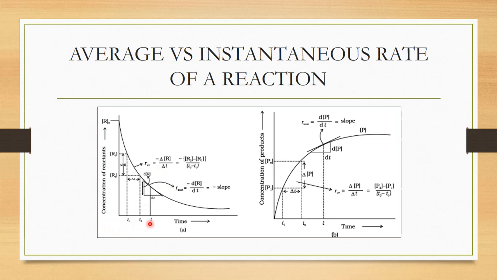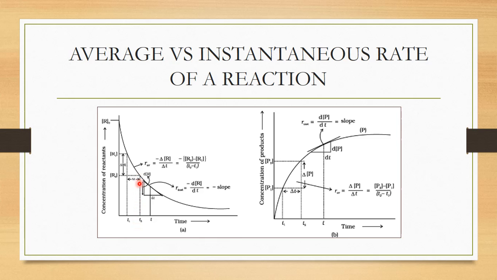Now time interval is mentioned here, right? So between the two time intervals, whatever you require, you can find the average rate of reaction as minus delta R upon delta T. From the required time interval, just draw two vertical lines.